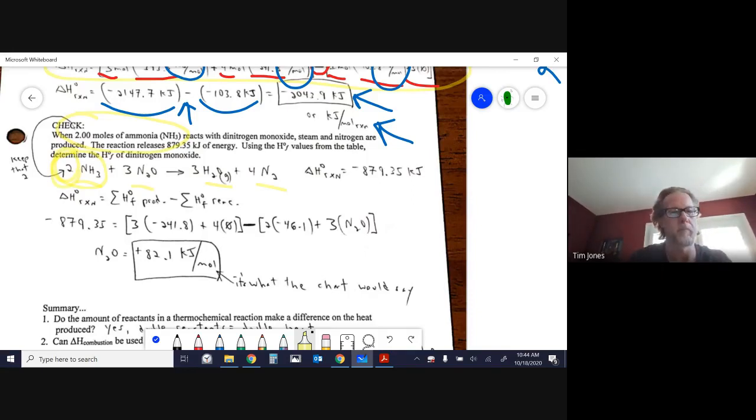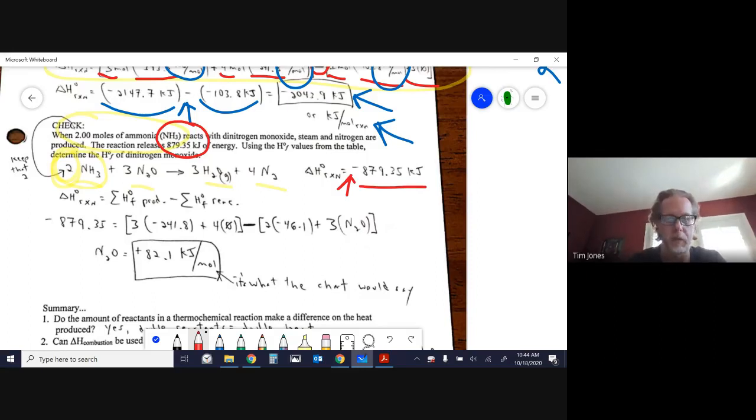And then in this case, they said the reaction releases 879.35 kilojoules. So they're giving us the delta H of the reaction. And don't forget to add the negative because it said releases.